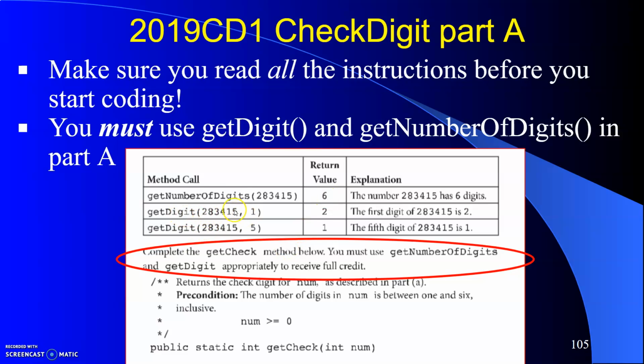And get digit will take any number, and then you give it a place. So this is going to give us the digit in the first place, right here where the 2 is, for that number. If we do the same number, but we give it place 5, well, 1, 2, 3, 4, 5, that's going to give us the 1, which is the 5th digit, or in the 5 place, or however you want to say it. So watch out for that.